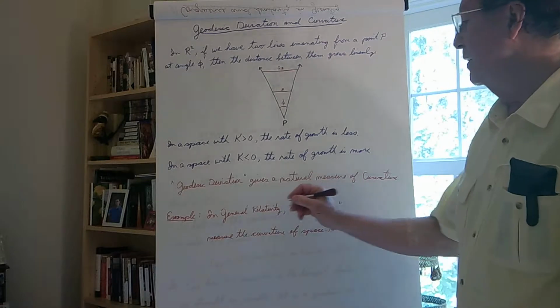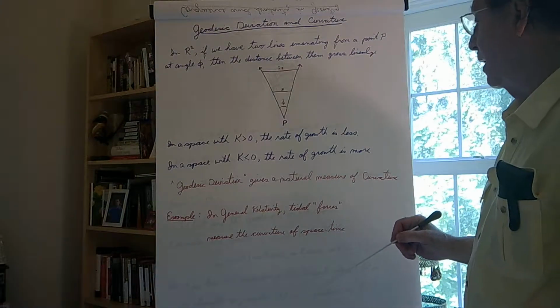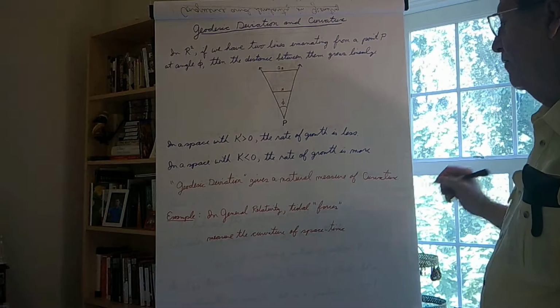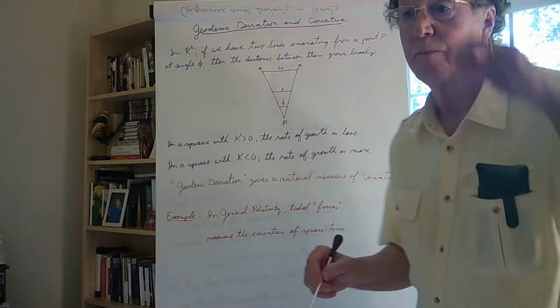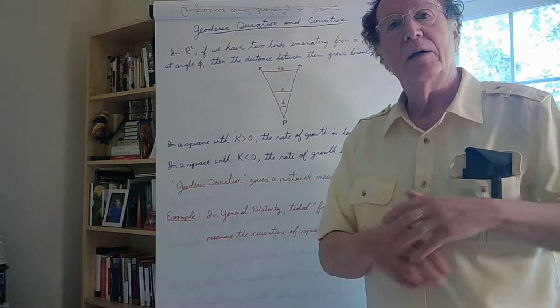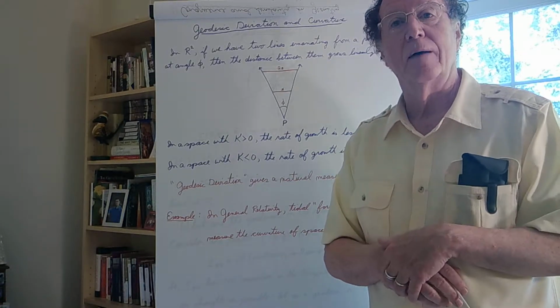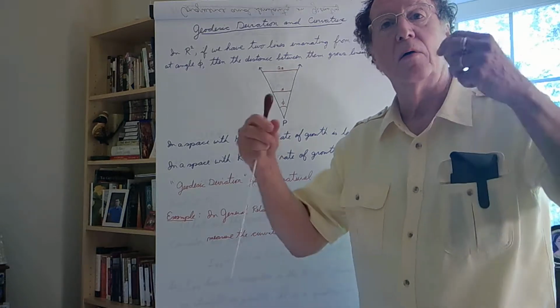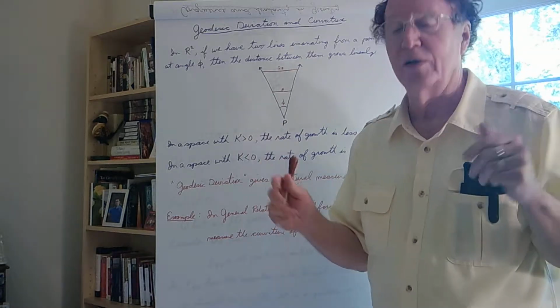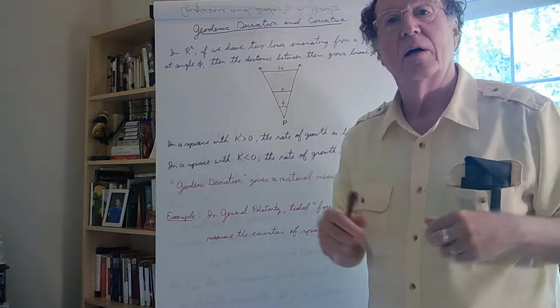All of this is very important in general relativity, because in general relativity, tidal forces measure the curvature of space-time locally. So in general relativity, we imagine problems like a spaceman outside of a black hole, outside of the horizon of the black hole, hopefully, dropping a couple of balls.